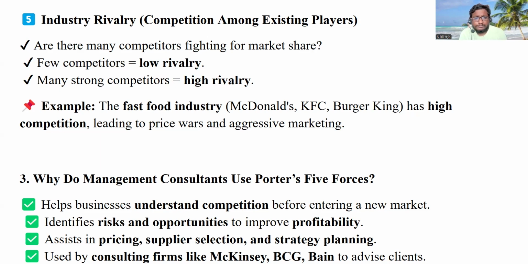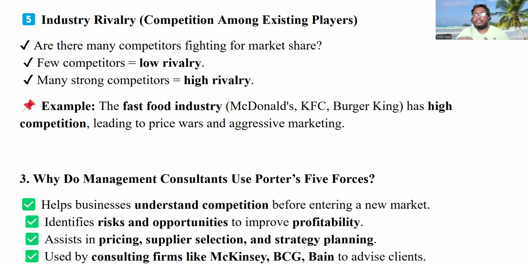As simple as that. So why do management consultants use five forces? These five forces are very important concepts for management consultants, but they can be used for general purposes also. Porter's five forces helps businesses understand competition before entering a new market.